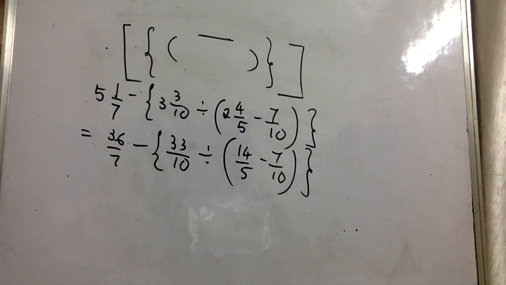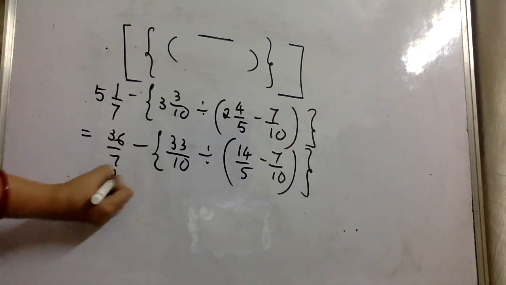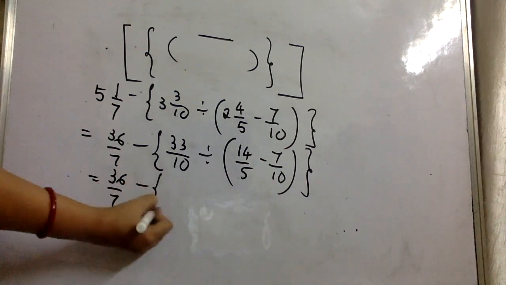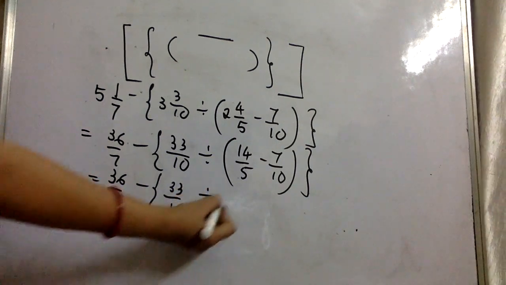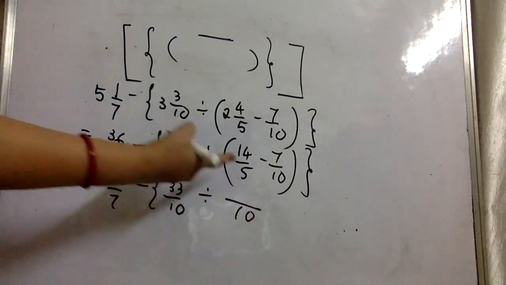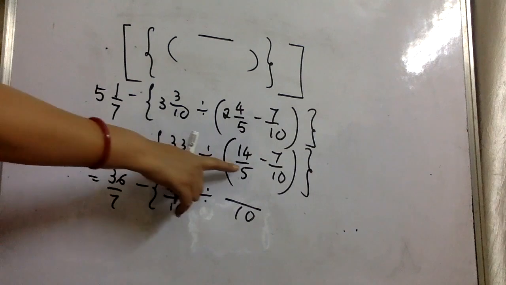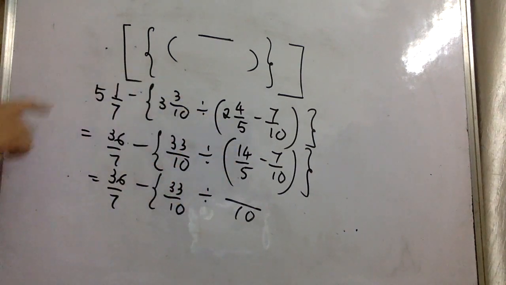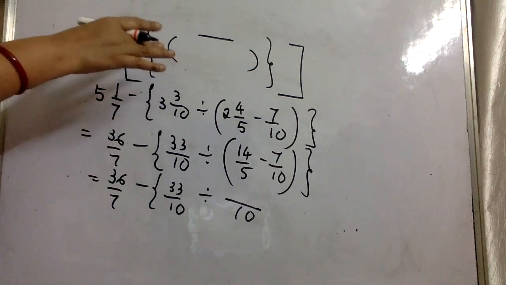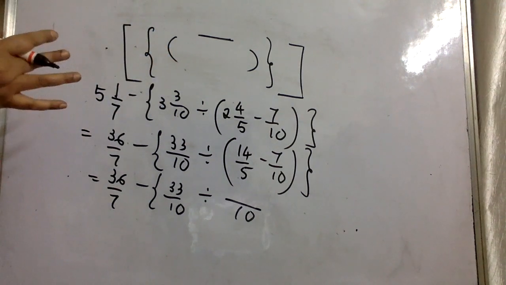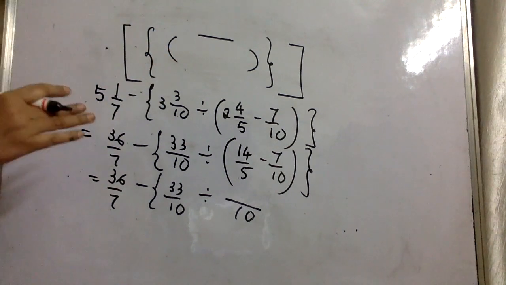So I haven't yet started with the brackets at all. 36 by 7 minus 33 by 10 divided by, this is 10, okay, LCM. Now I'm working only on the innermost bracket, note that, okay. I haven't touched anything here. You just have to, no matter how big the question is, okay, don't hurry, you'll go wrong.